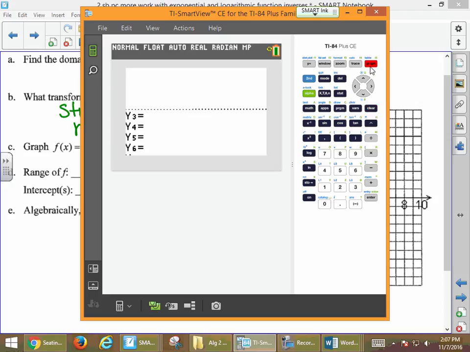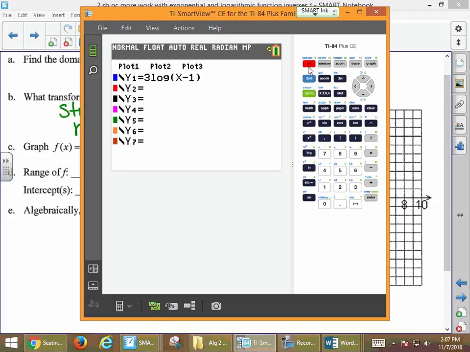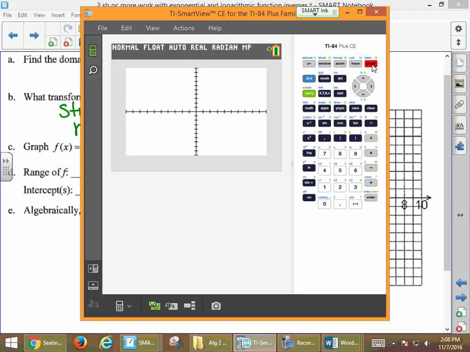But when we look at the picture here, first of all, when we turn on the function and look at the picture, there's our picture. So we kind of know what it's going to look like. It doesn't just stop there where our blue part of our graph stops.